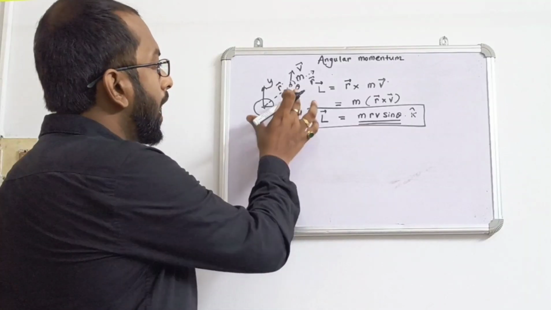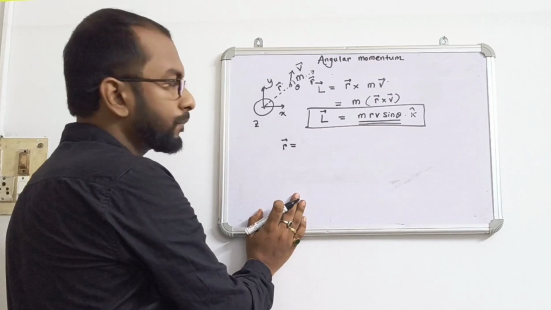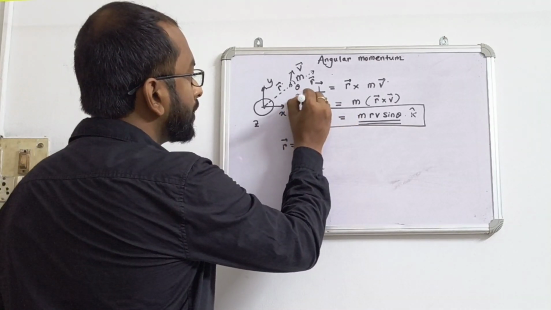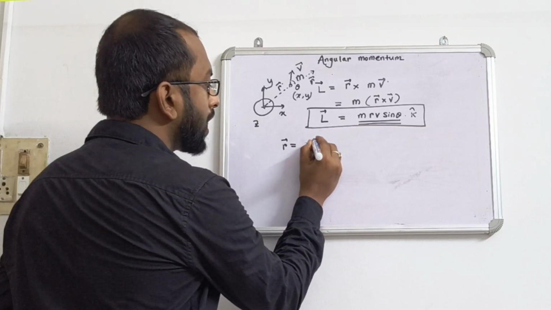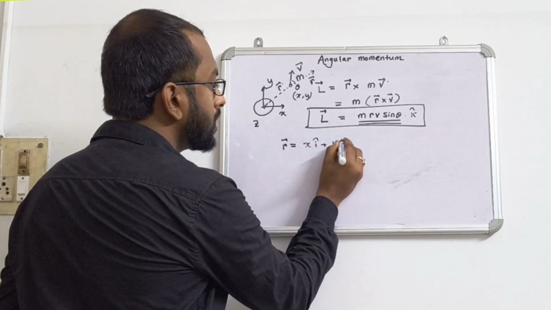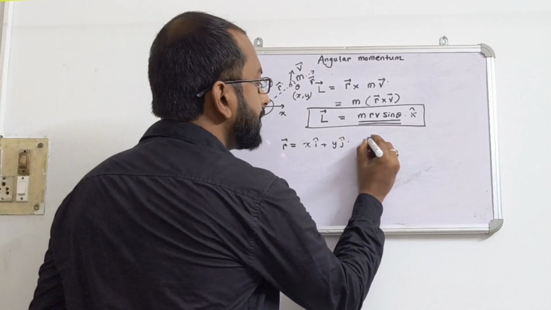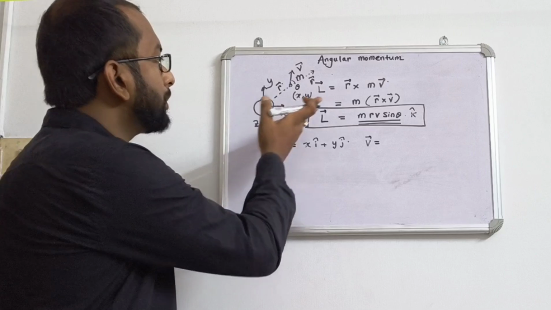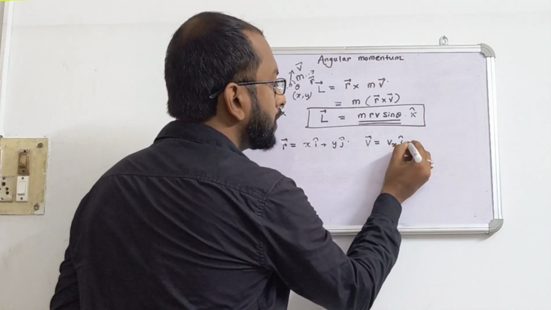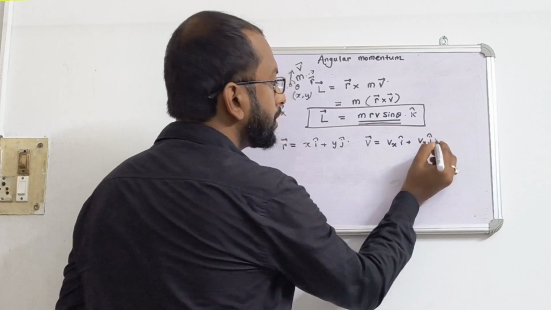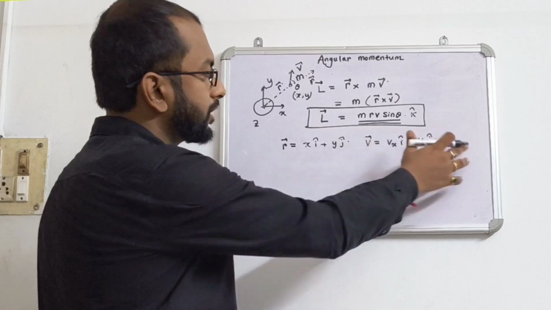Now say at a given instant the position vector of this particular mass is r and its coordinate is x, y. So we can write r as x i cap plus y j cap. And its velocity v, as it is moving in the 2D plane only, is vx i plus vy j, where vx and vy are the velocities in the x and y directions.